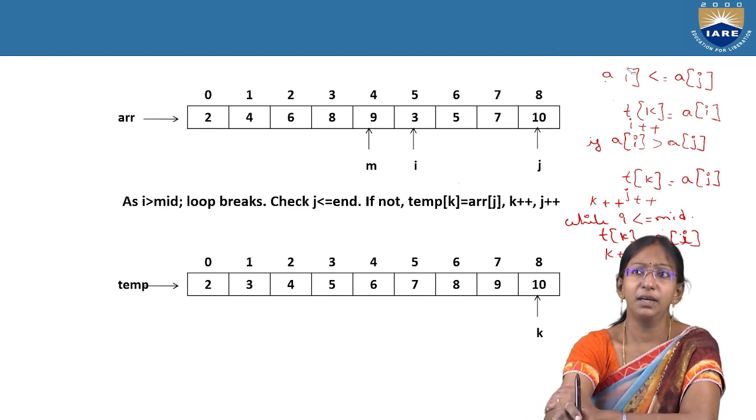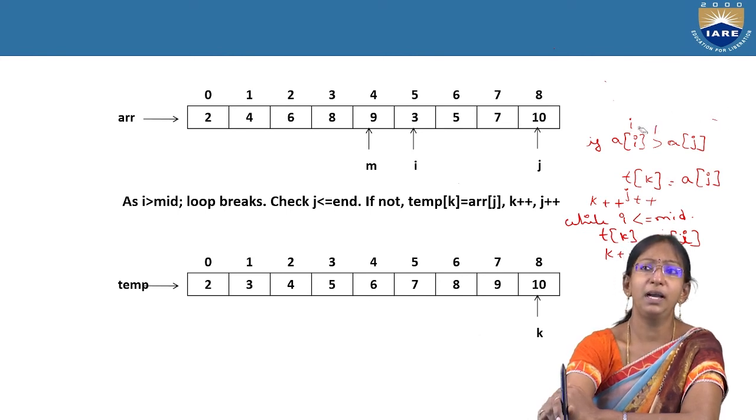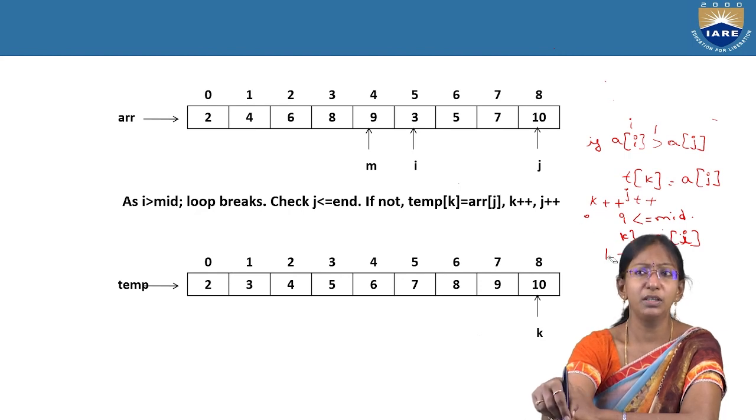Remember guys, it is a sorting technique which is dependent on divide and conquer. Even though it suffers space complexity, it will be highly useful if you are having huge data. You need to sort a huge set of elements.